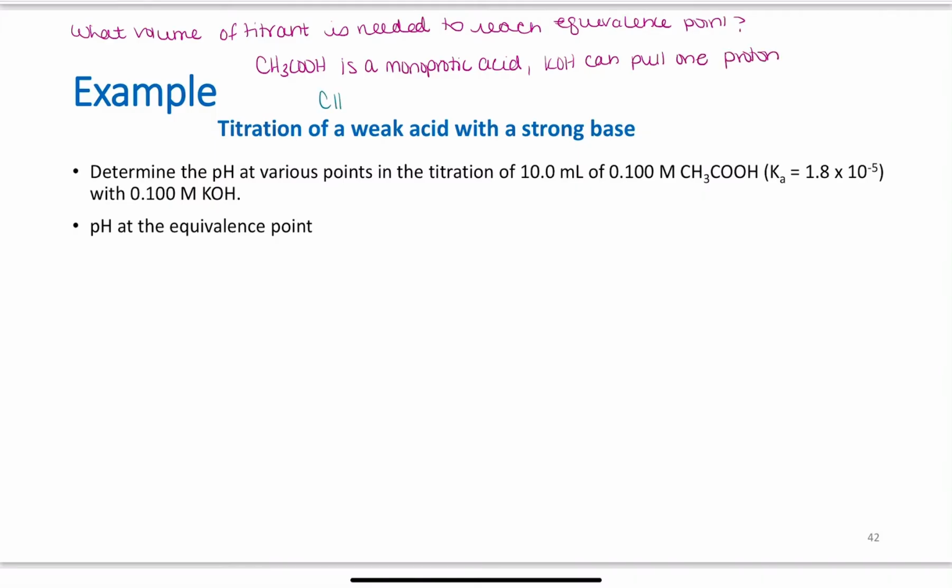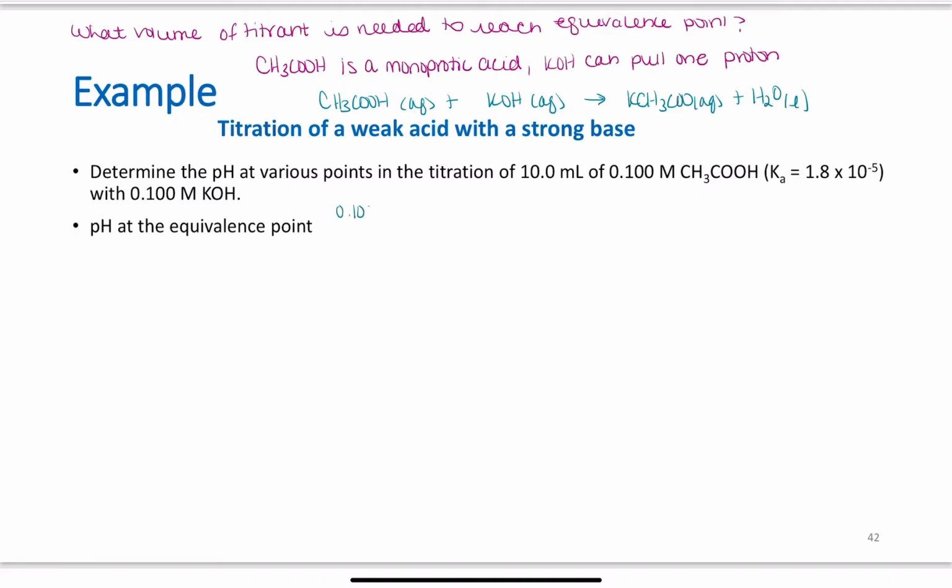So my balanced equation, CH3COOH plus KOH, is going to give me potassium acetate plus water. Do not use M1V1 here. This is not a dilution reaction. You must use stoichiometry. What I'm trying to find is the volume of KOH.